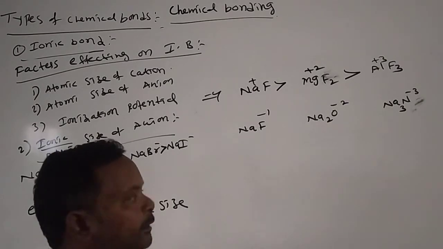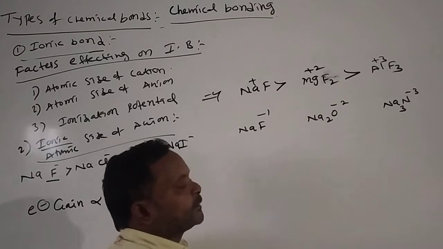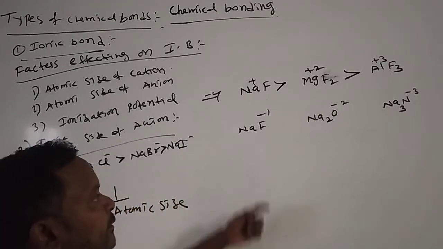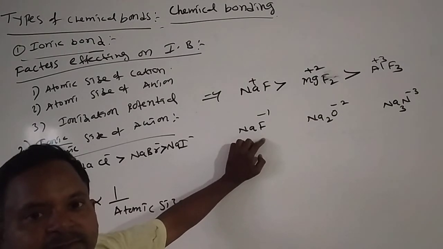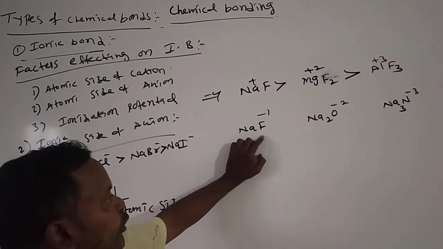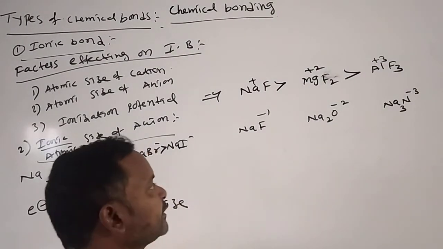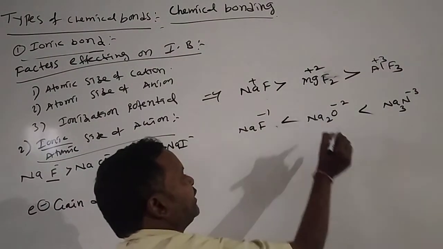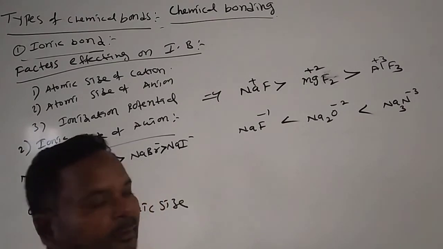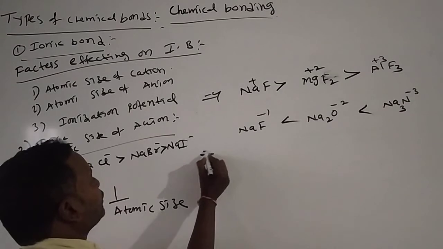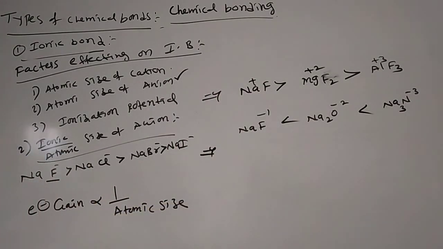Moving from left to right, the ionic character gradually increases with the size. This is one more important factor affecting the atomic size of the anion.